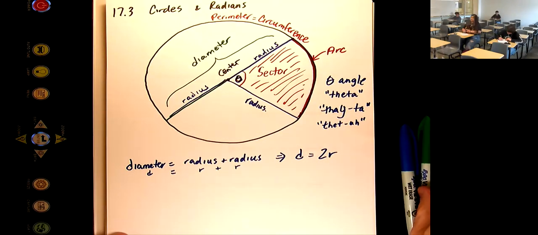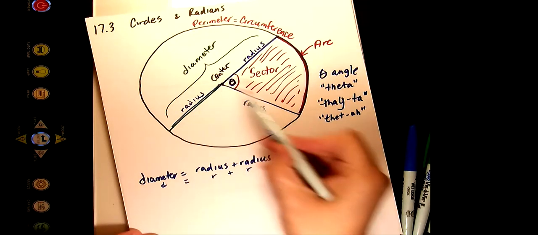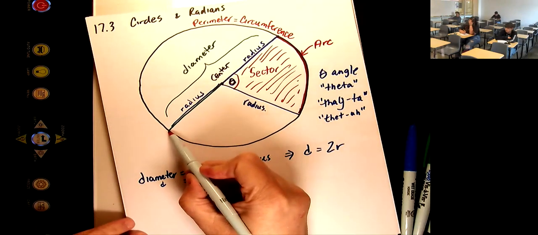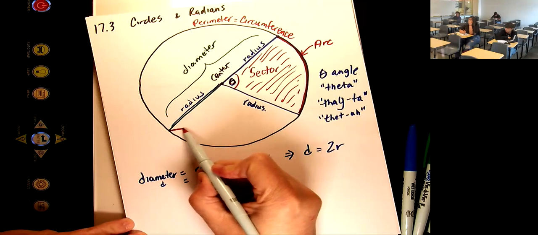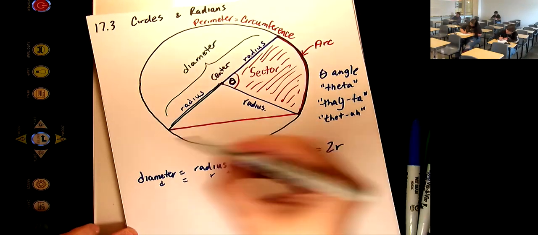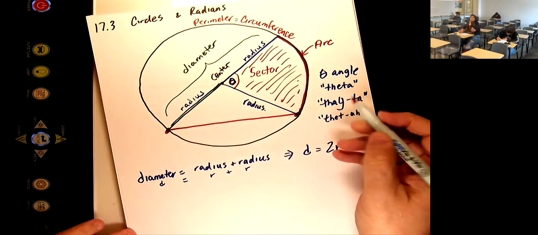Some more stuff that we'll need at the end. If you've got two lines coming out from the center hitting the edges, and you connect these points right here, I've connected where the radius hits the circle on two different sides.